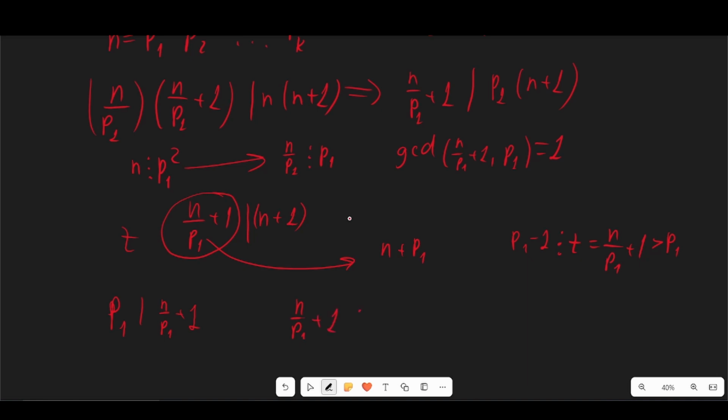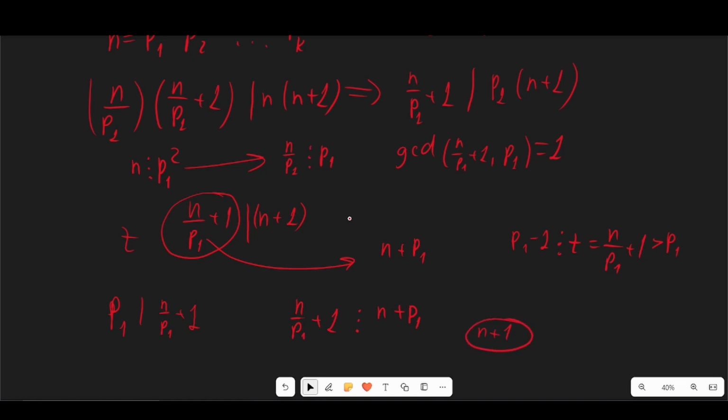This number divides n plus P1. Now, if we apply the Euclidean algorithm once again, we will see that if n over P1 plus 1 divides n plus 1, n plus P1, this must also divide n plus 1.